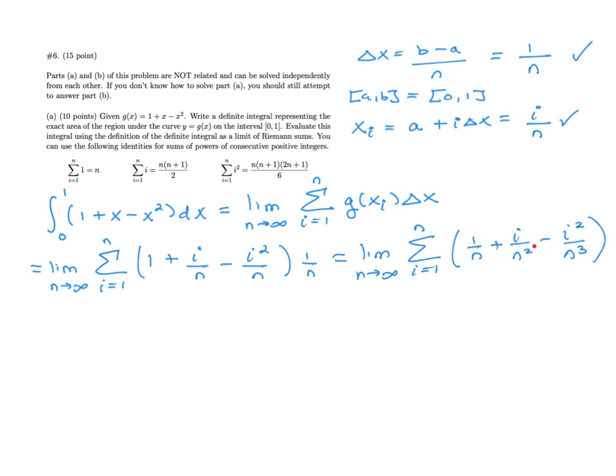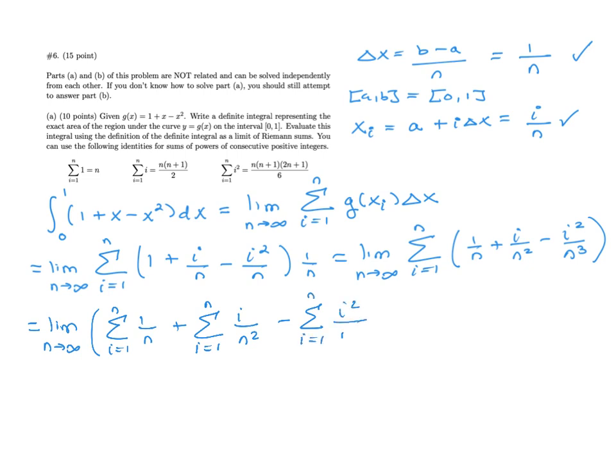Since we're adding and subtracting things in here, I can split this up into 3 separate sums. That is the limit as n approaches infinity of the sum as i goes from 1 to n of 1 over n, plus the sum as i goes from 1 to n of i over n squared, minus the sum as i goes from 1 to n of i squared over n cubed.